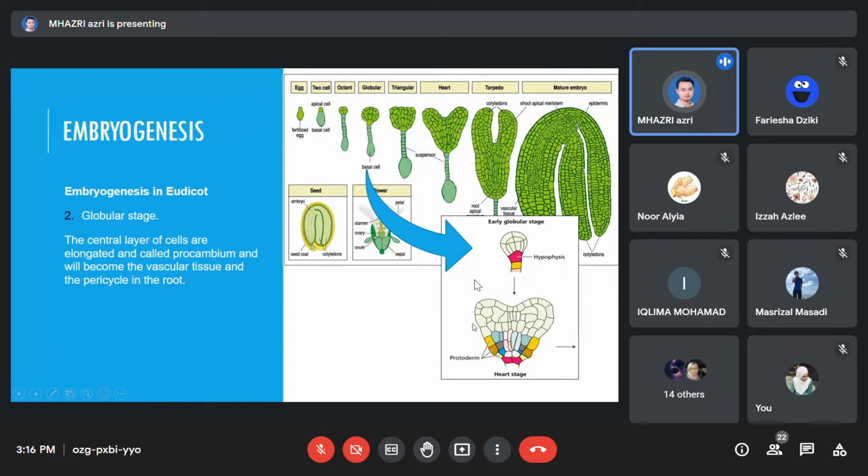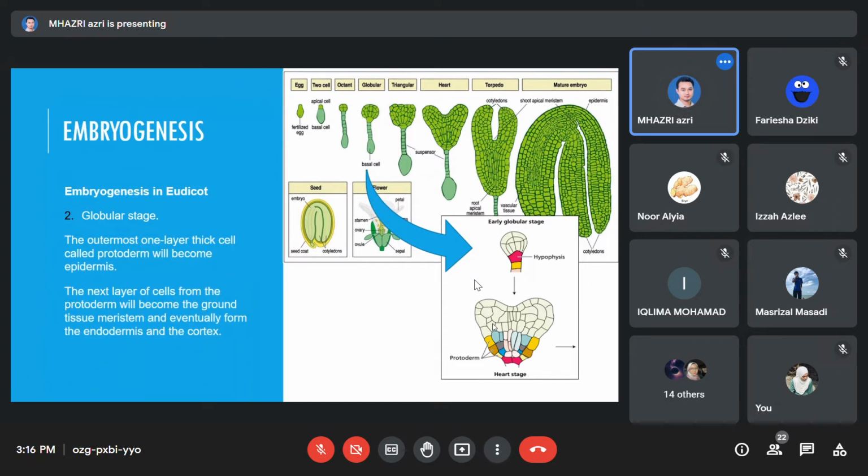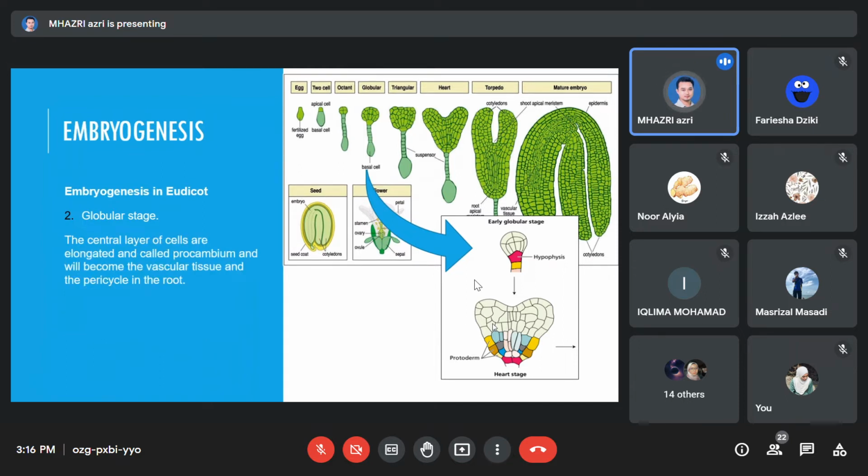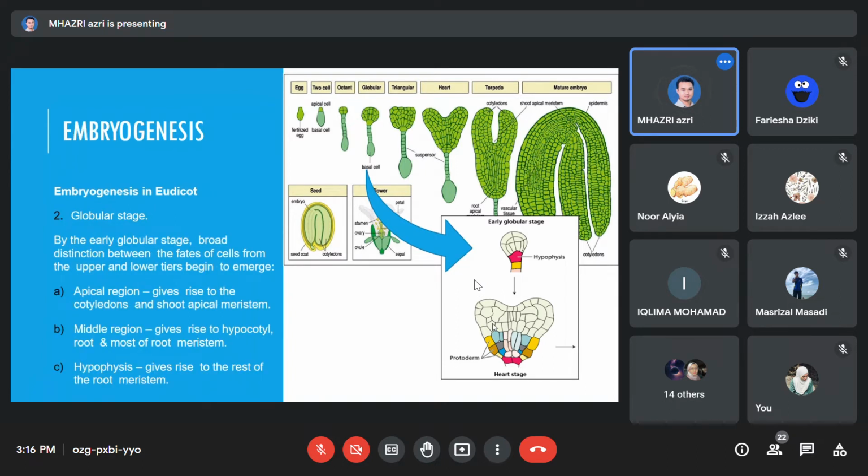So this is protoderms. The next layer is apa tadi? Meristems, and the last one will become vesicle tissues, okay. The apical regions give rise to the cotyledons and also shoot apical meristems.